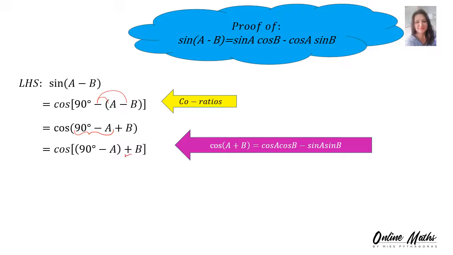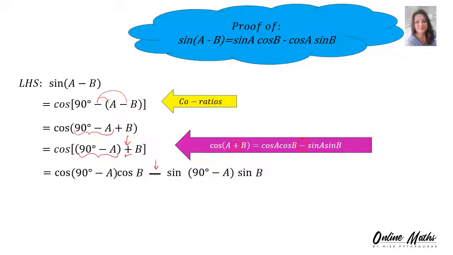So we can expand that one using the rule cos A plus B into cos cos sin sin. And then the angles are 90 minus A, B, minus 90 minus A and a B. Remember, if there is a plus, there is a minus. There's the plus, there's the minus.